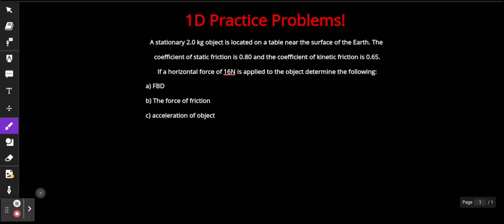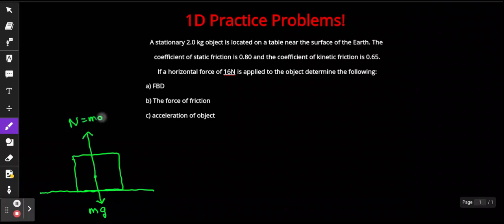So once again, we know that our object is on Earth, and it's stationary on a table. So that means there is a force of gravity mg and a normal force of mg in the opposite direction. Now we're going to apply a 16 newton force.